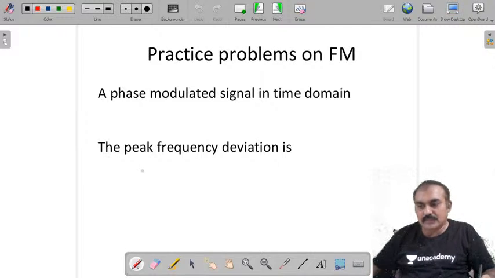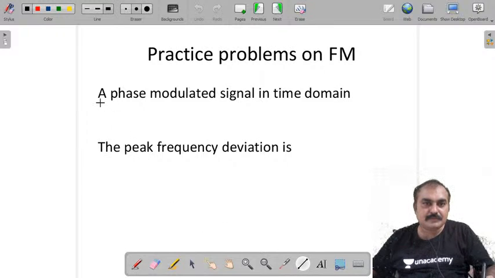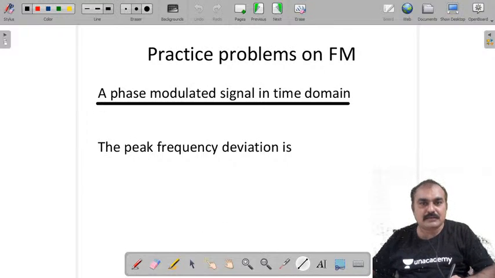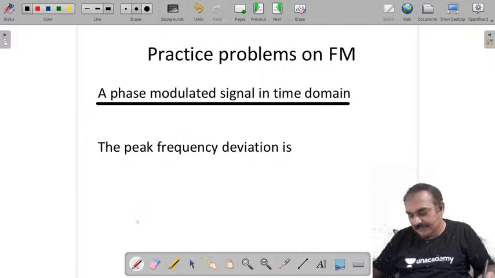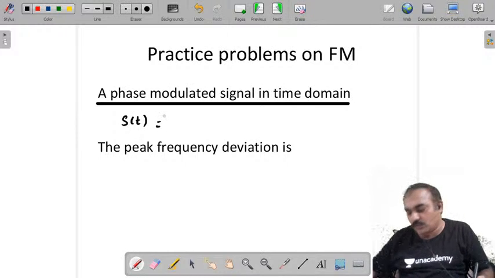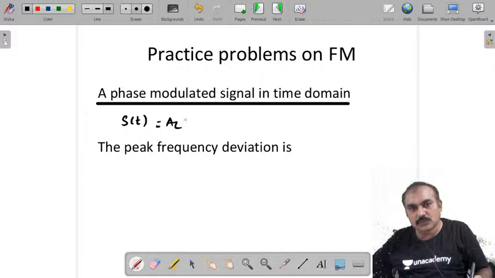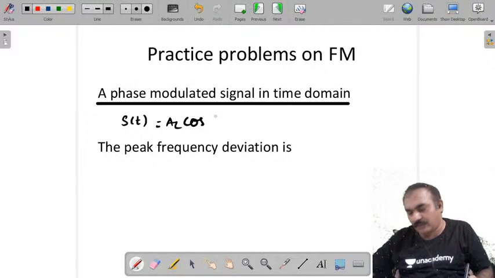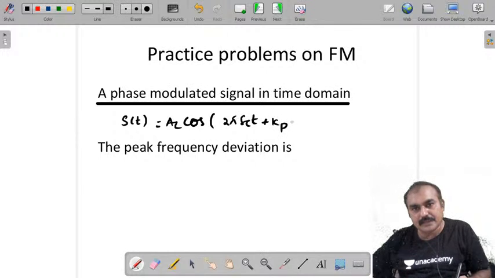Now students, he has given the question: a phase modulated signal given in the time domain. s(t) equal to Ac cos(2 pi fc t plus Kp Am sin(2 pi fm t)).